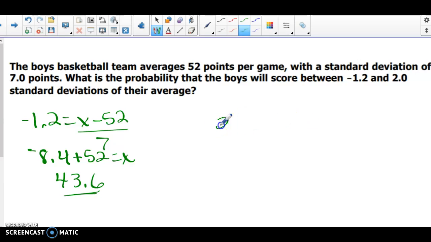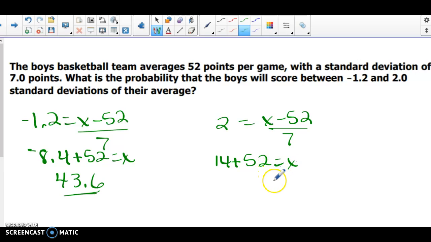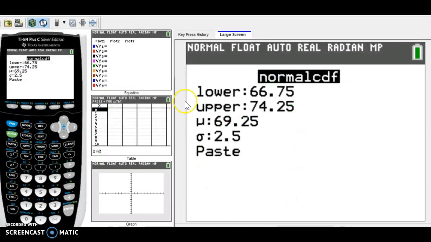Our high one is going to be 2 equals x minus 52 over 7. 7 times 2 is 14 plus 52. That gives us 66 for our upper bound. Okay? So in our calculator, our lower bound is going to be 43.6. Our upper bound is going to be 66.